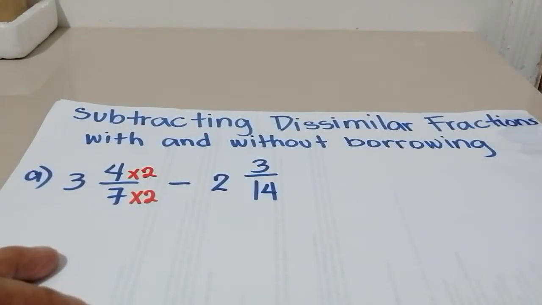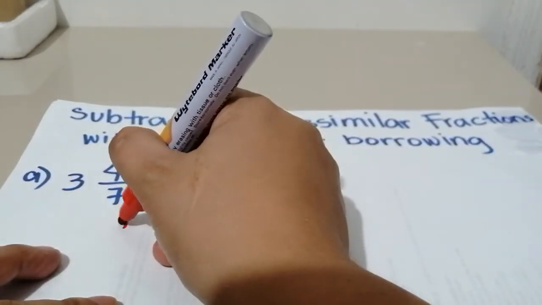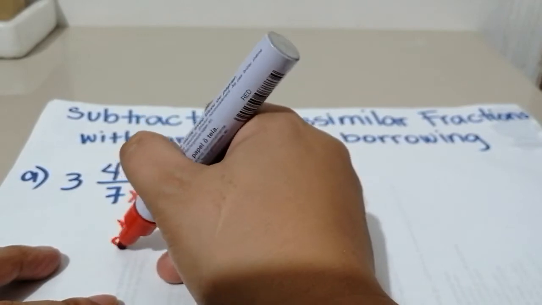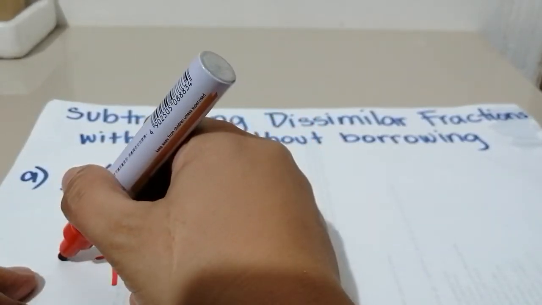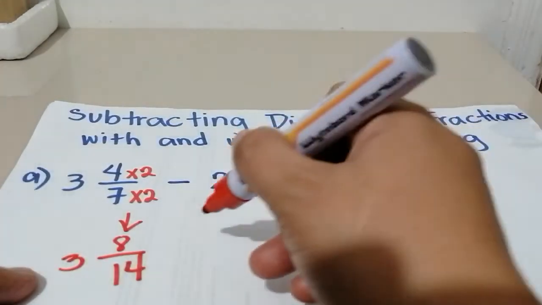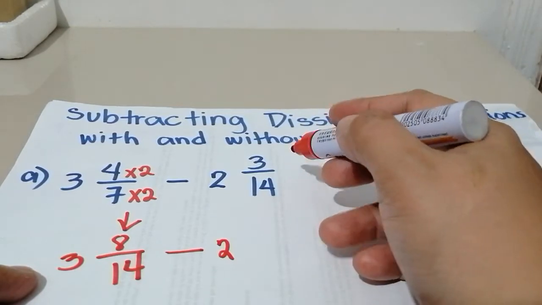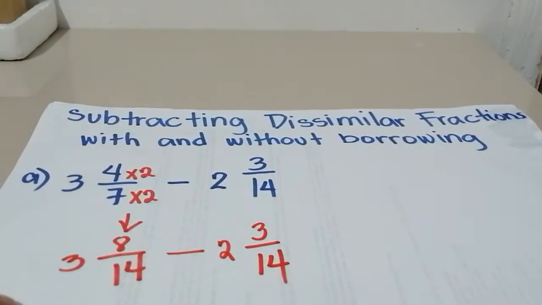Okay, to rename the fraction. Now, renaming this fraction, we will get 4 times 2 is 8 over 14. Just rewrite the whole number here. Minus, kokopyahin lang natin yung 2 rito and then 3 over 14. Okay.